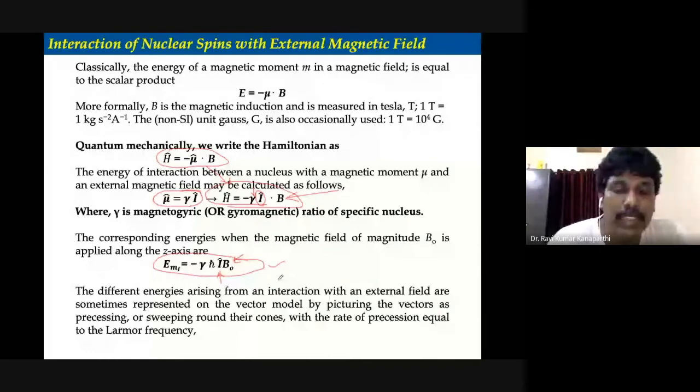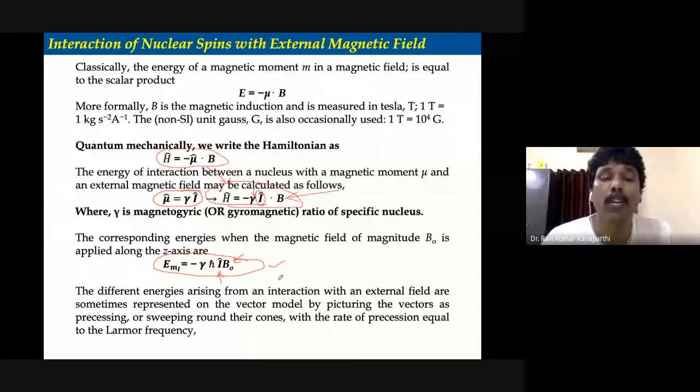If I is equal to 0, then the interaction energy is 0. You can understand it the other way also. If the nuclear spin quantum number is 0, for example carbon 12, then there is no interaction energy, and it is simply 0.